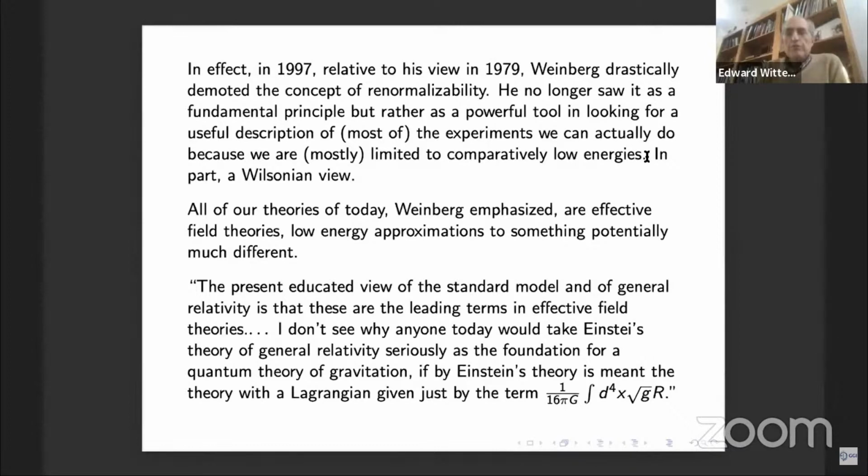I don't see why anyone today would take seriously Einstein's theory of general relativity if by Einstein's theory is meant the theory with the Lagrangian just given by the usual Einstein-Hilbert term. So the theory should be the Einstein-Hilbert term plus higher order corrections. And actually, at just approximately this time, one also learned that there's a lower order correction, the cosmological constant, that also needs to be added.